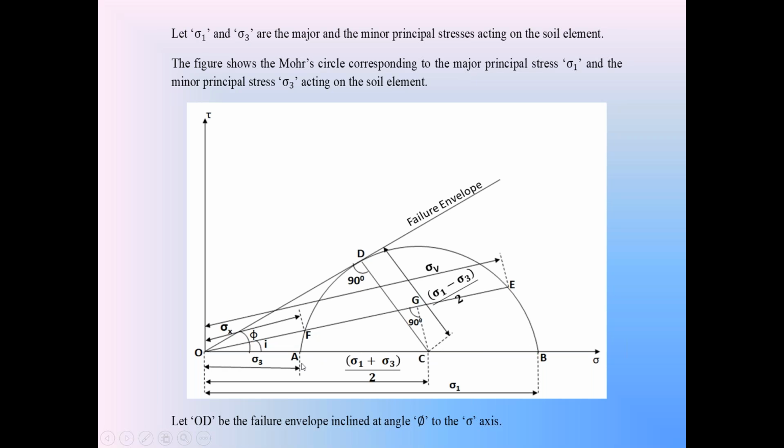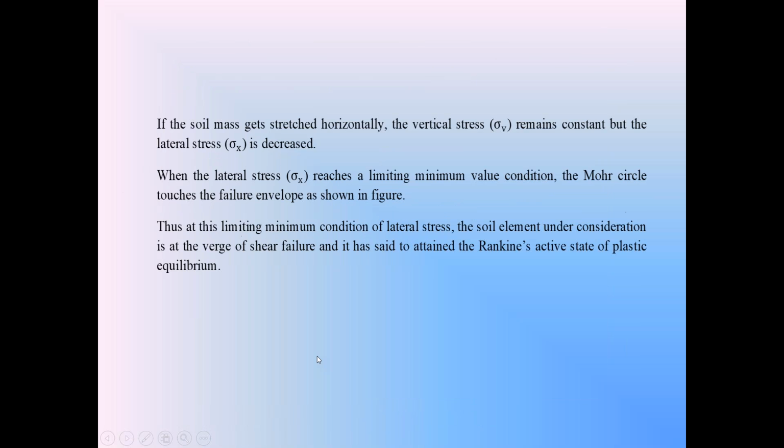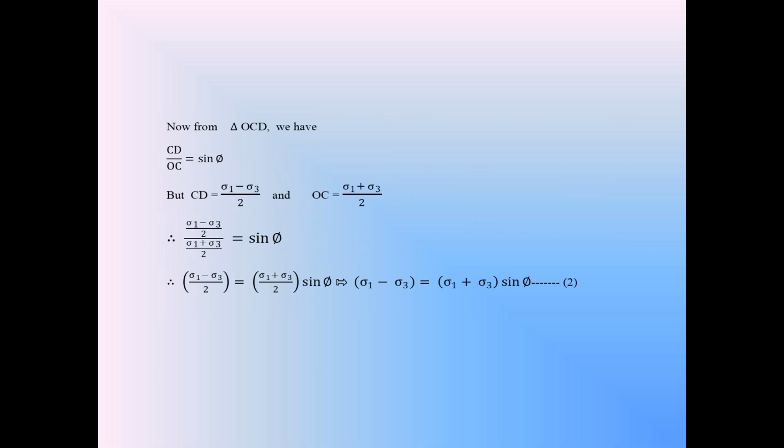But the length CD is equal to (sigma 1 minus sigma 3) by 2, and the length OC is equal to (sigma 1 plus sigma 3) by 2.